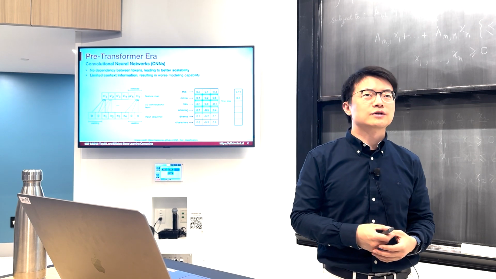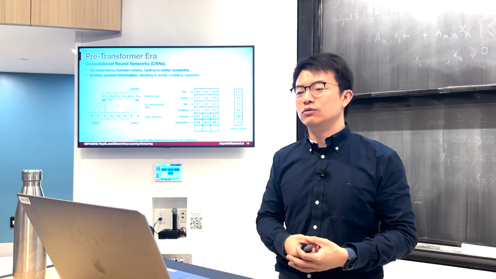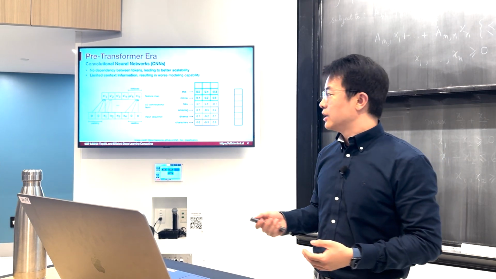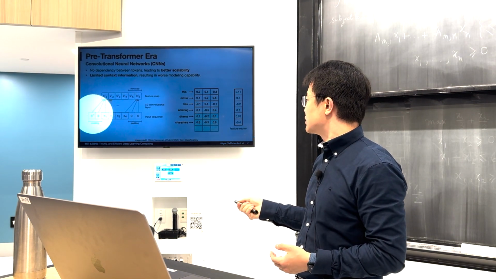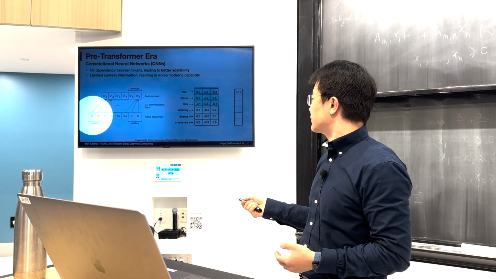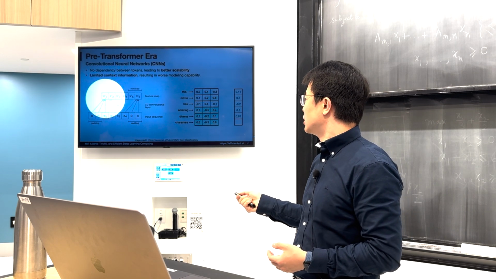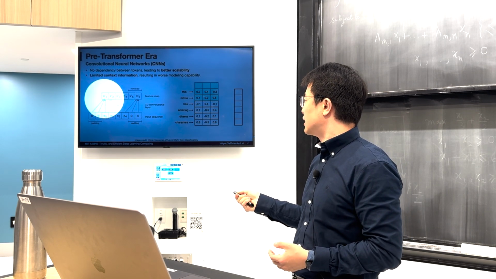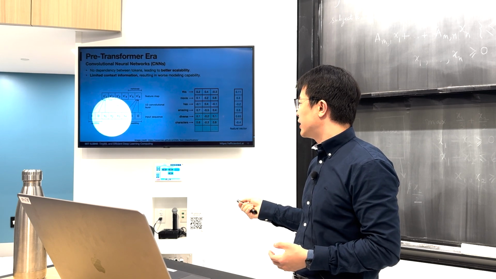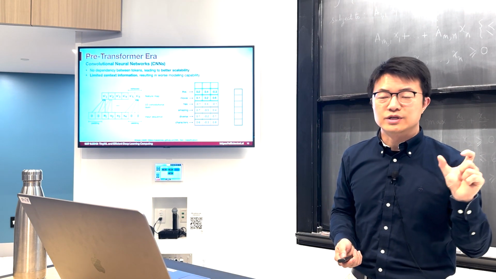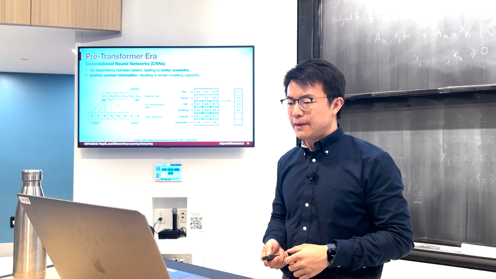People have also been using convolutional neural nets to deal with language tasks. We can do 1D convolution, so these three tokens will impact x1', x2' will depend on x0, x1, x2, etc., with a receptive field of 3.